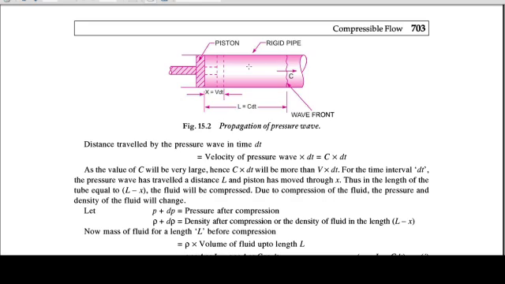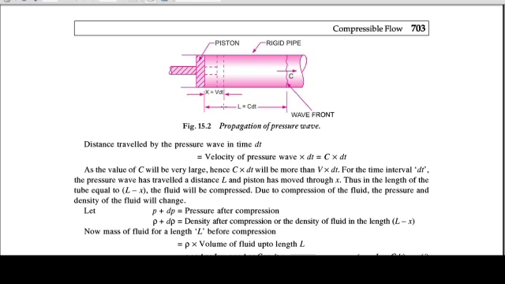The value of c, that is the velocity of the pressure wave, is very large. Therefore the value of c dt is more than the value of v dt.